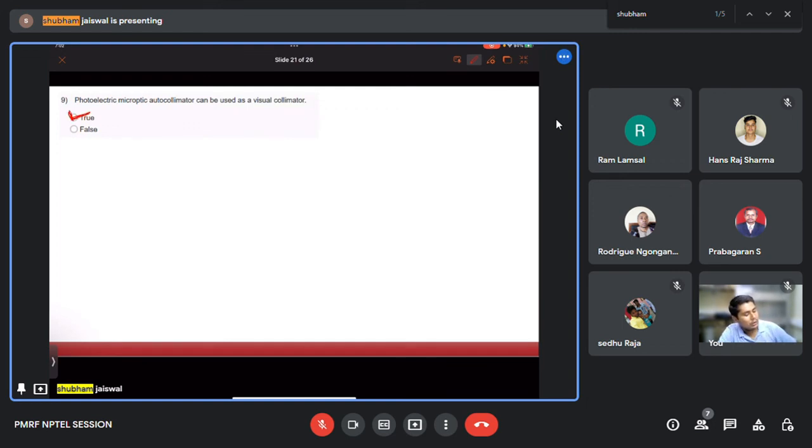Because in an autocollimator we have seen the two types, that is digital and visual. So we can use visual collimator, means photoelectric micro optic autocollimator we can also use as a visual collimator. Okay. So moving to our last question.